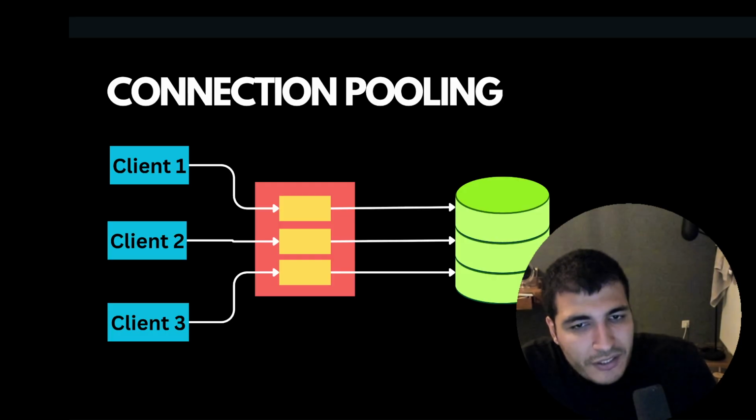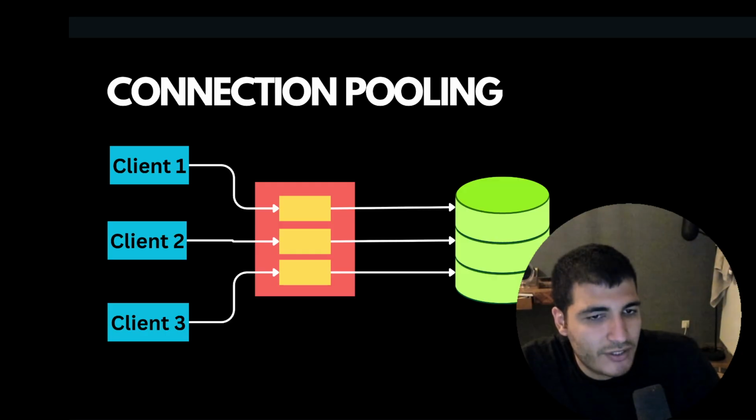When your application needs to access the database, it borrows a connection from the pool and returns it when it's done, ready for the next request.